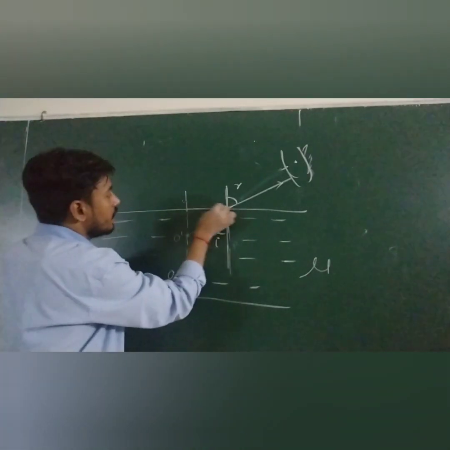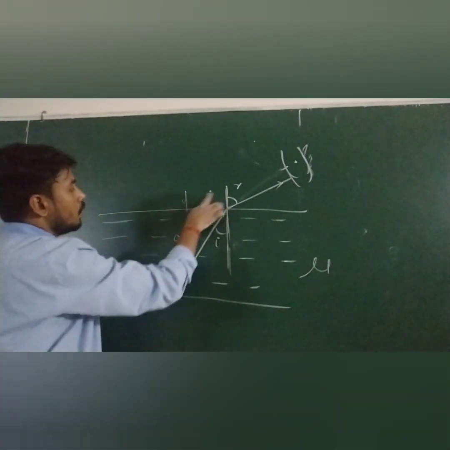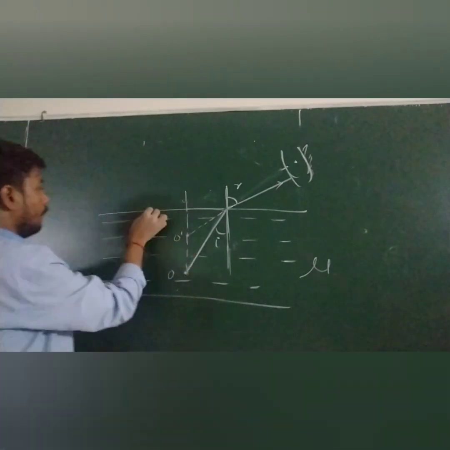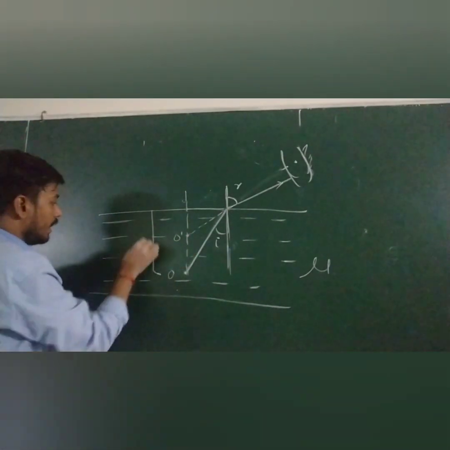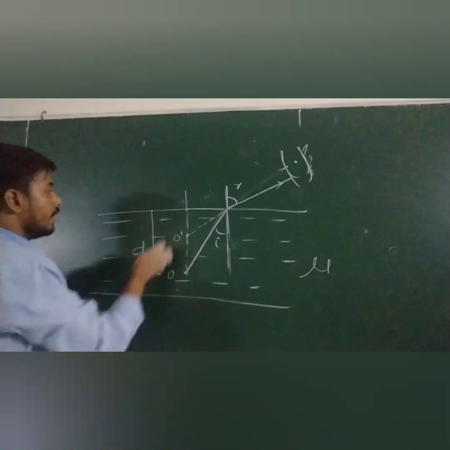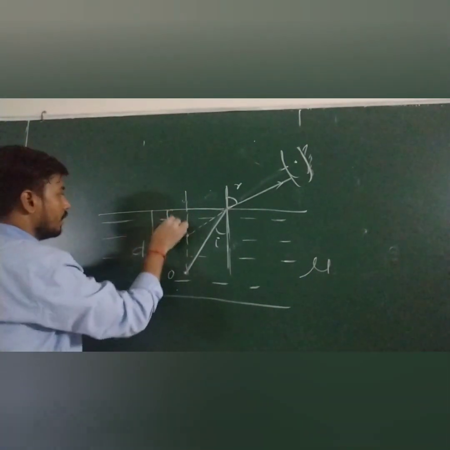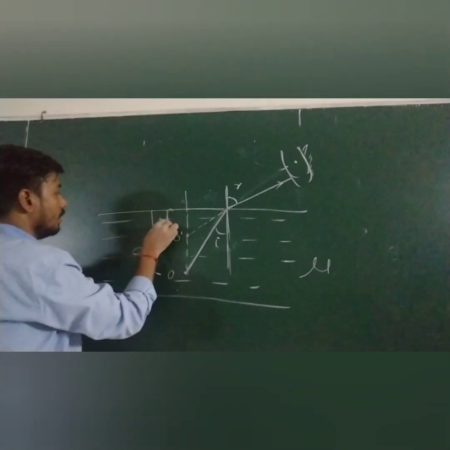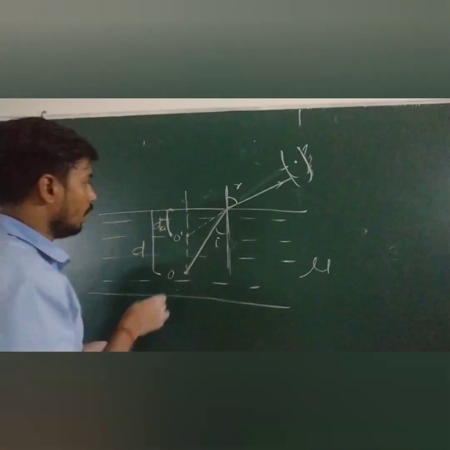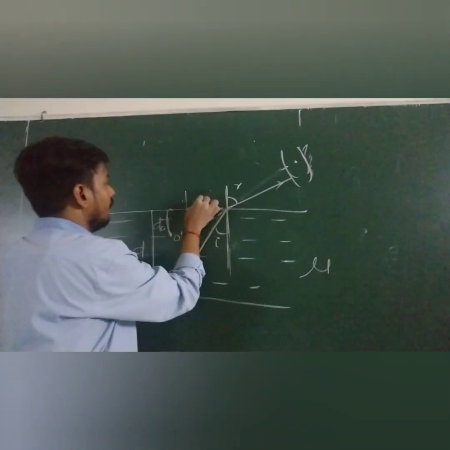Assume this distance, this thickness, is d. So this is d apparent.